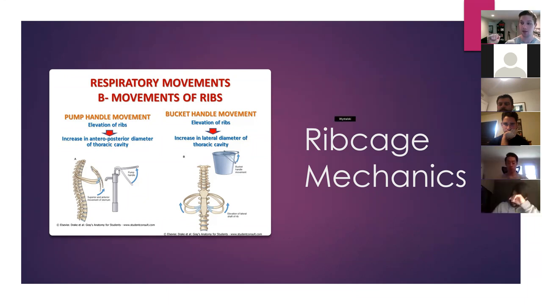So think about it like transverse diameter. Think about it like inhaling, swinging out, inhaling, swinging back, or exhaling, swinging back in. Whereas pump handle is just more anterior to posterior. These lower ribs right here of the bucket handle also do not have as strong attachments as the pump handle ribs. And that's also going to matter later.